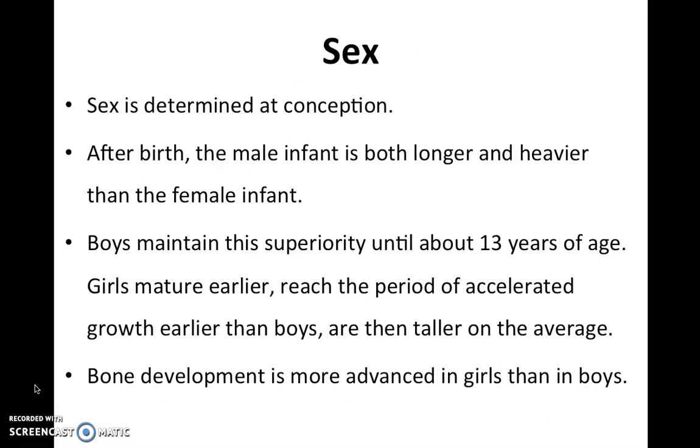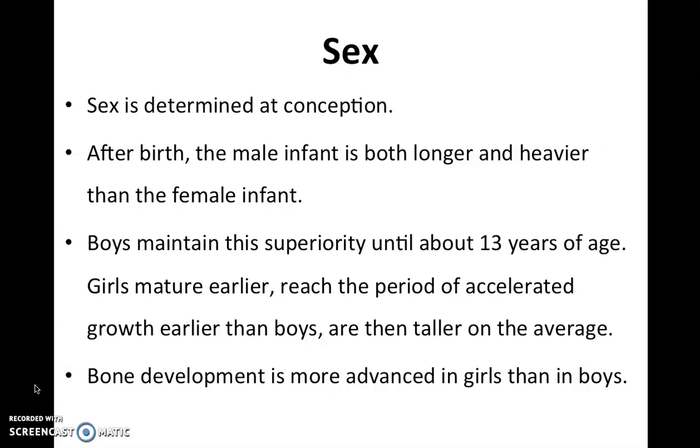The second factor is sex. So usually sex is determined at conception. So when the child is conceived, during that time itself, the sex of the child is determined. And according to the sex, there will be differences in the growth and development of children.